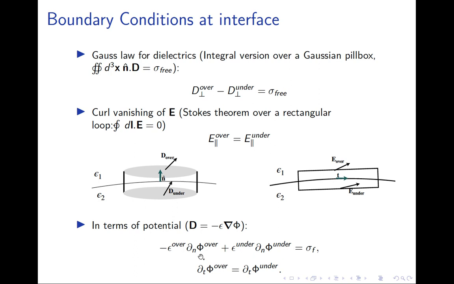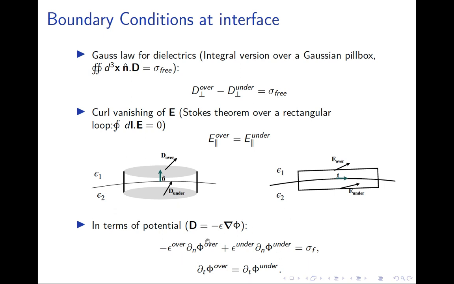As I said, in multivariable calculus you have as many derivatives as there are directions. So the derivative in the tangential direction is continuous as a consequence of this, and the derivative in the normal direction is discontinuous. I just replaced D by epsilon times the partial derivative using this formula. So the normal derivative of the potential is discontinuous, and the discontinuity is given by this. So rho f is the same as rho free, sigma f is the same as sigma free.